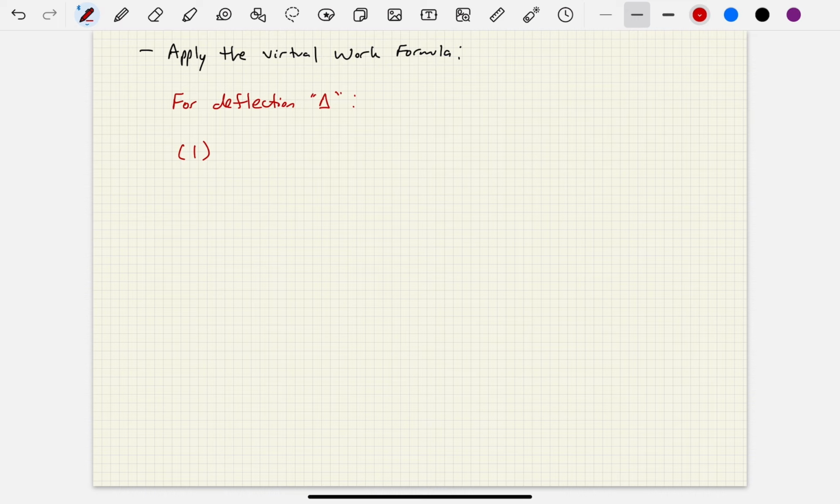We say 1 times delta equals the summation as i goes from 1 to n of the integral from 0 to L of little m, capital M, over EI dx sub i.